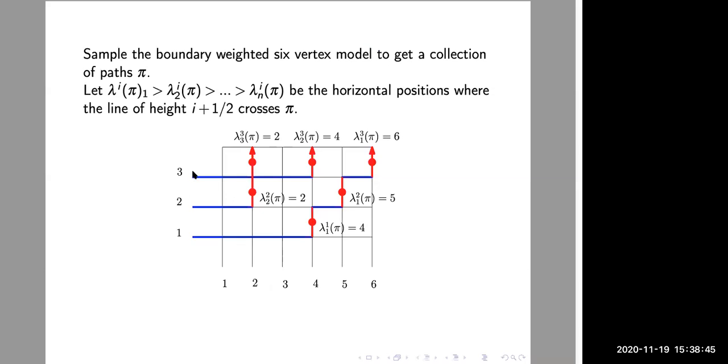The way we're going to do that is look at the bottom few paths and look at the positions at which they take upward steps. We'll call the collection of paths pi, and we'll call the positions where they take upward steps lambda of pi. There are some superscripts and subscripts, but we're thinking of all of these as horizontal particle positions, as we've drawn the red dots, the upward steps, as particles.